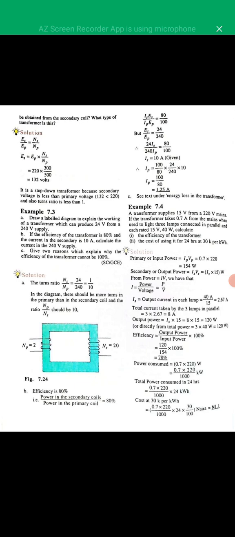So that means the voltage in the secondary is low. So the only way to increase the secondary voltage is to increase the number of turns in the primary than the number of turns in the secondary, because if you invert it, you are going to have 10.